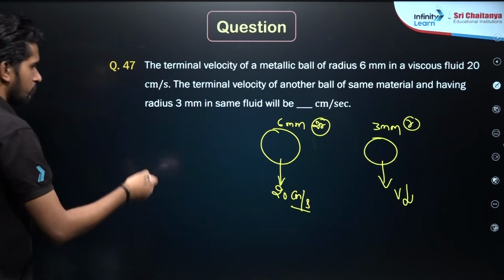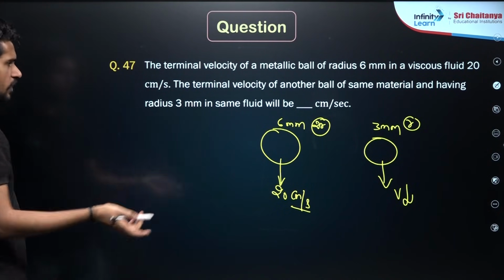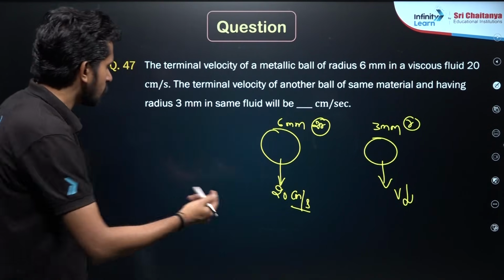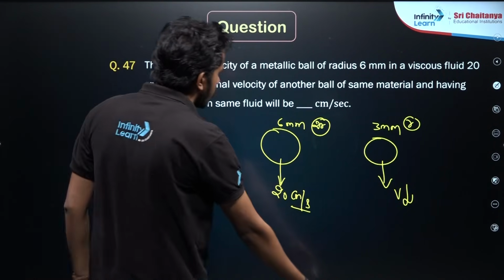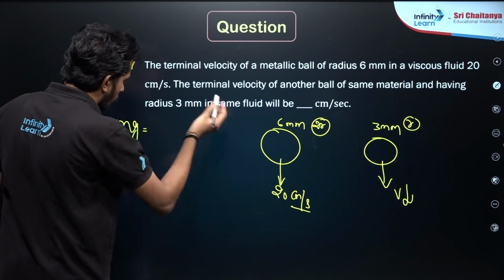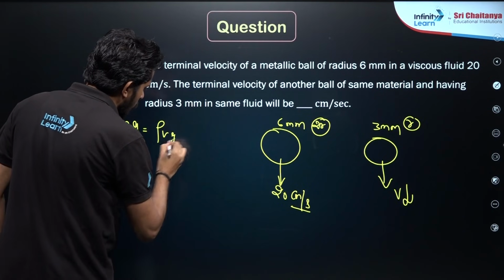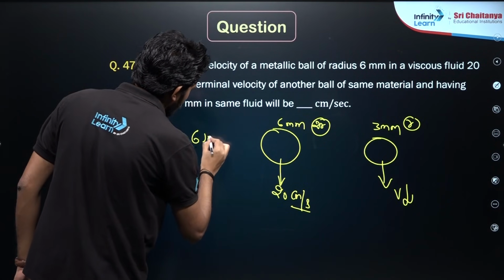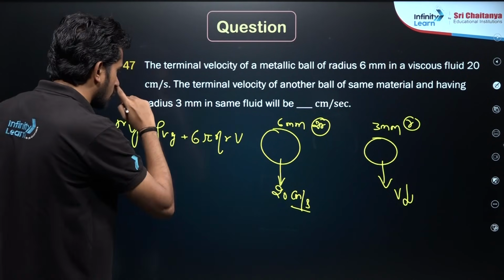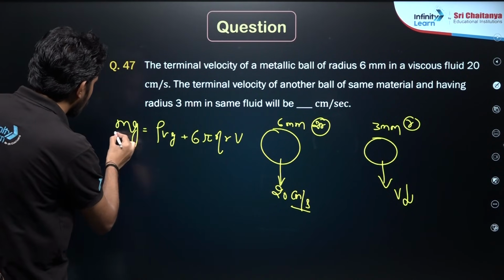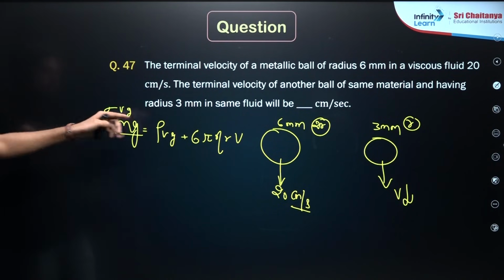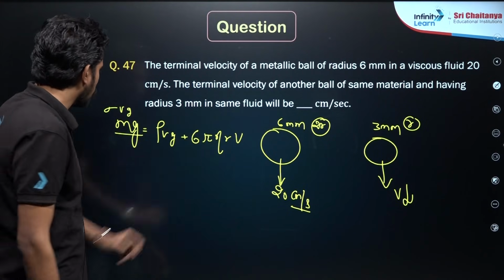So again, I have already derived in one of the questions, I think the 27th or 28th question, that mg downwards equals buoyant force rho vg plus 6 pi eta r v. Eta is the same, because it is the same viscous fluid, and this is what? Sigma vg, right? Why? Because let's say sigma is the density of this ball.